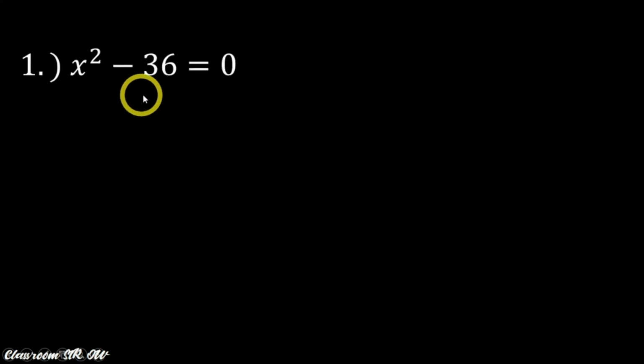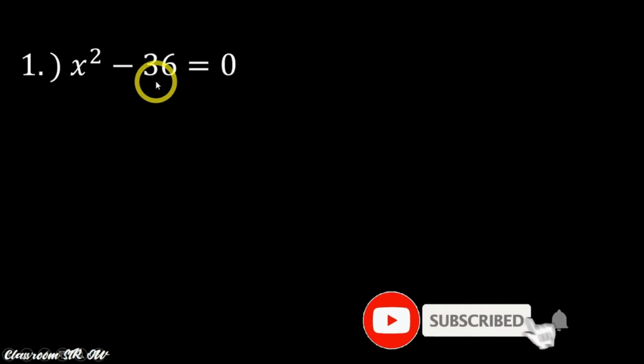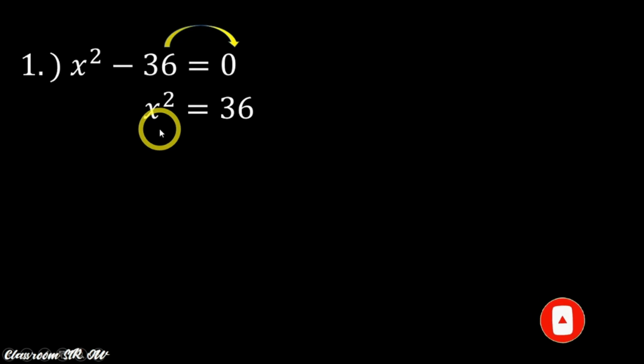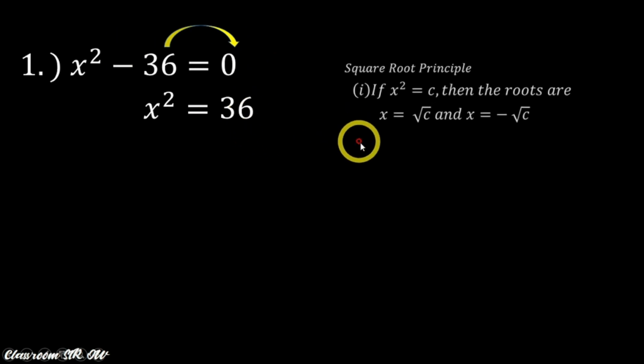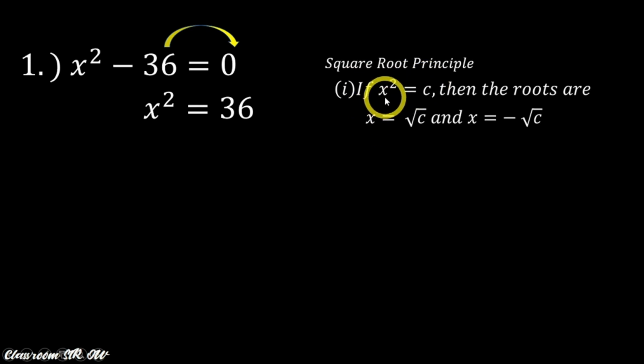x squared minus 36 is equal to 0. The first thing that we are going to do is isolate our variable on the left side, and this number should be transposed to the other side. That gives us x squared is equal to positive 36, because negative becomes positive as you transpose to the other side. Now, recalling our square root principle, if x squared is equal to c, then there are two roots of our x.